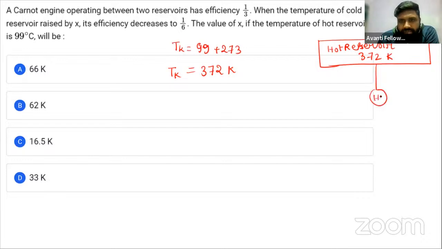This is the heat engine. Work is done here. And then we have the cold reservoir.